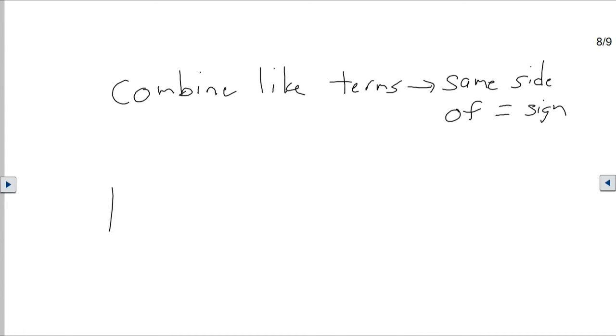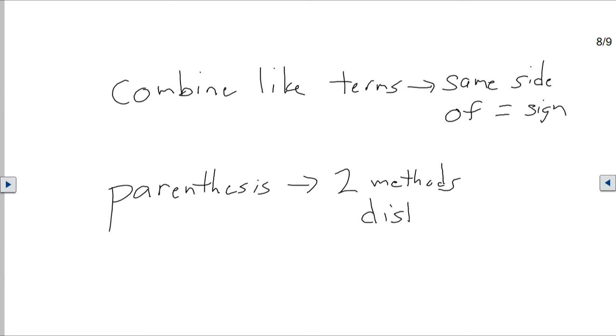Okay, and then you got to deal with parentheses. Okay, and remember, we have those two methods. One method, use your distributive property, where we get rid of the parentheses before we start to solve it.